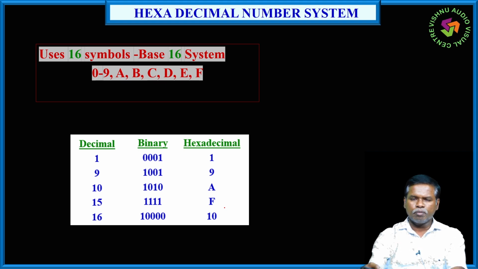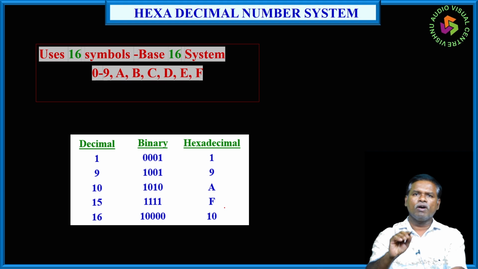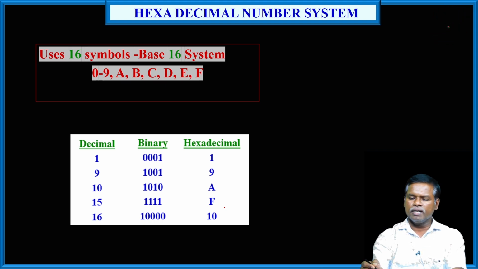In the previous example of the octal number system, we saw that the highest symbol is 7 and what comes after 7 is treated as 10. In the same way, in hexadecimal the highest symbol is F, or 15 in decimal, and whatever comes after that is represented as 10. So hexadecimal 10 is equal to decimal 16, and in binary it is represented as 1 followed by 4 zeros.